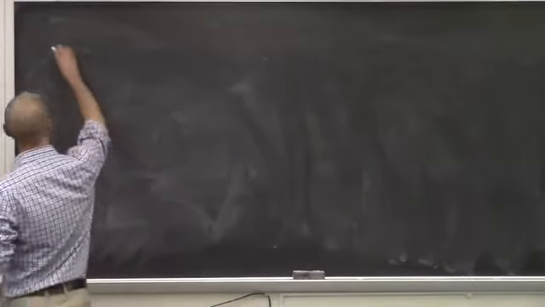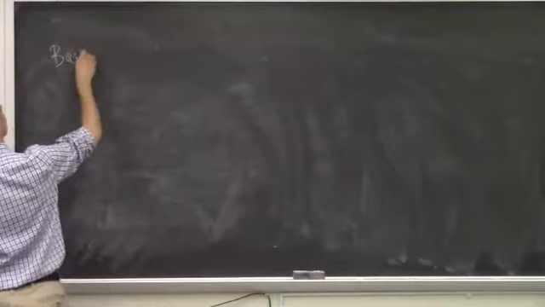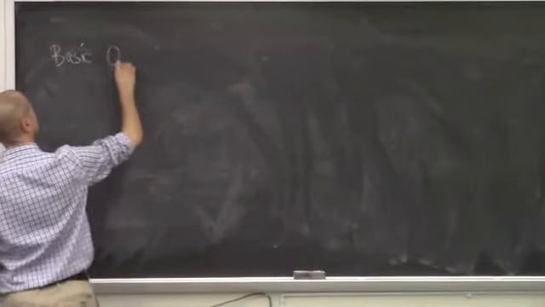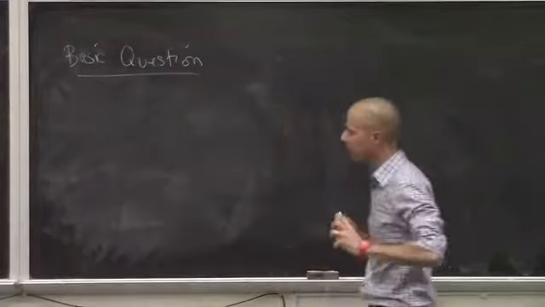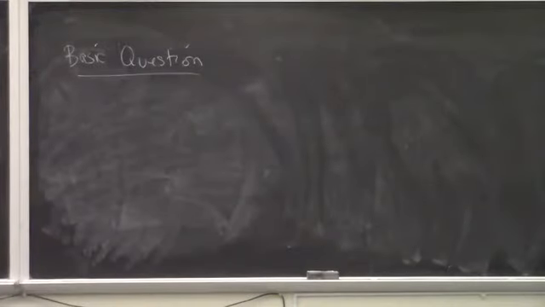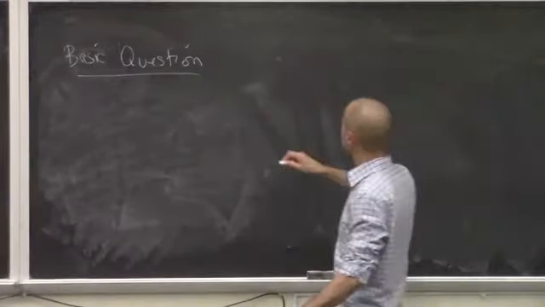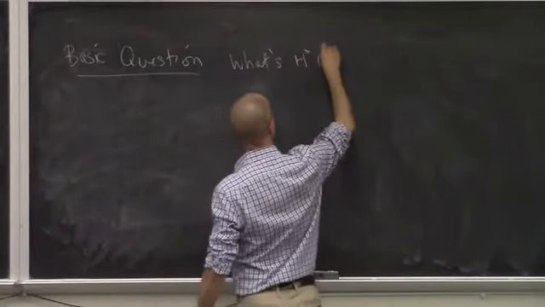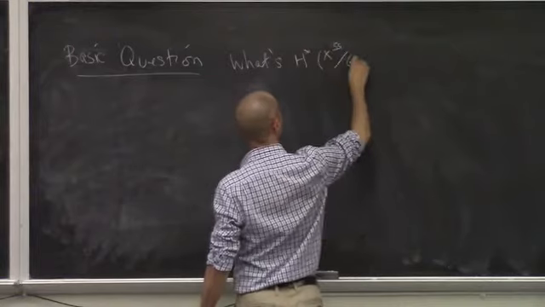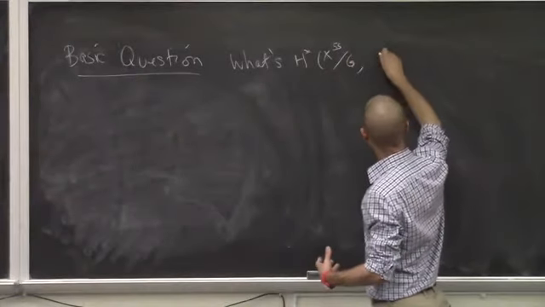And so a basic question you would ask is, you might like to understand completely the geometry of that quotient space. A first question you could ask is, what's the cohomology of that quotient space?